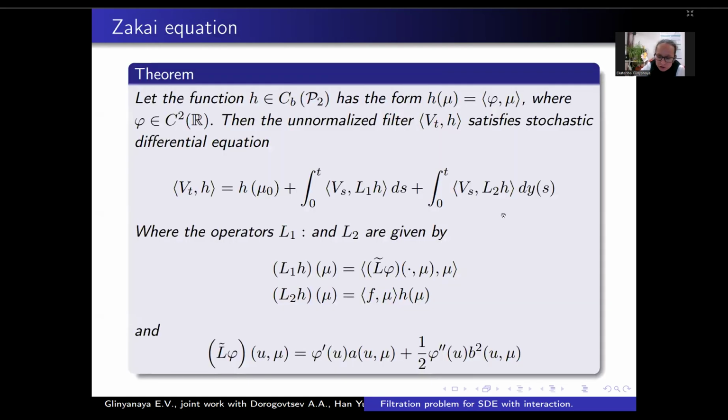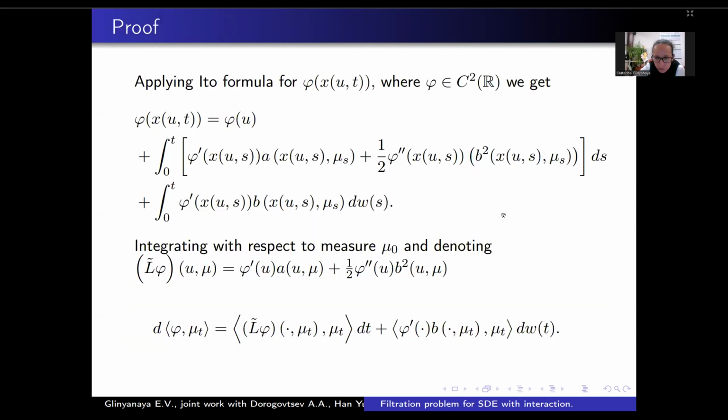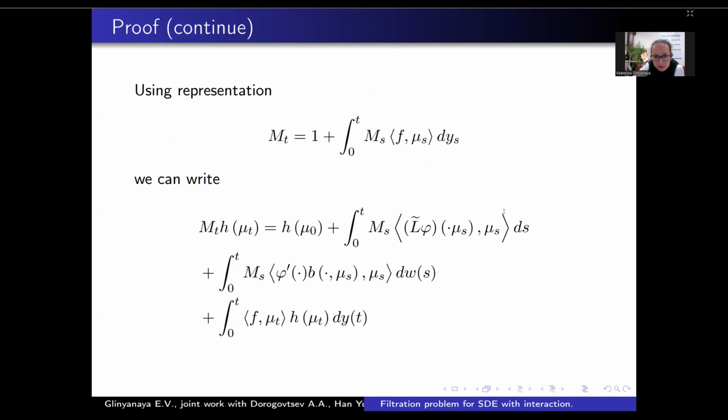This is an important property, and it is why we change the measure, just to do this.